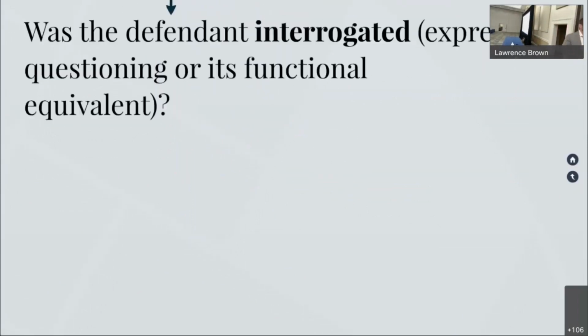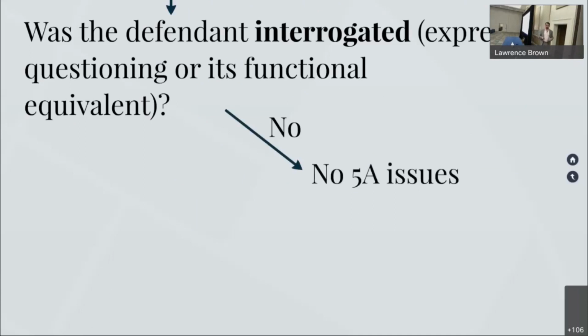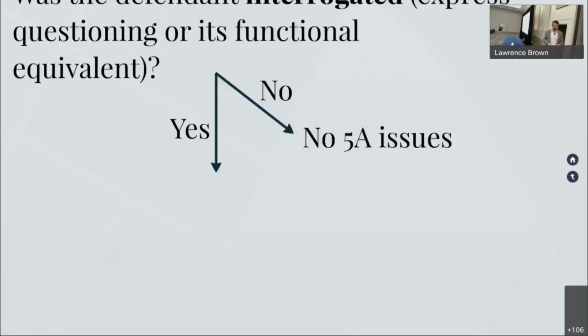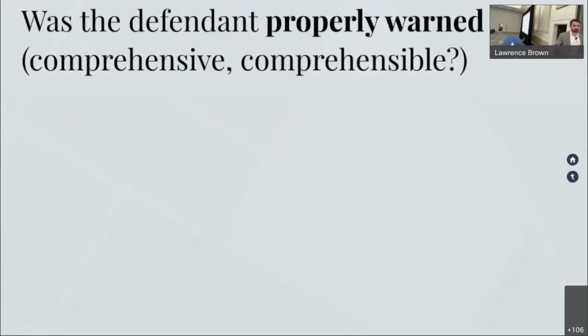Was the defendant interrogated, meaning expressly questioned, or subject to the functional equivalent of express questioning? That is, behaviors or actions on behalf of the officer that a reasonable officer in the situation would know is likely to elicit an incriminating response. Again, if the answer is no, then no Fifth Amendment issues, and yes takes us to another question.